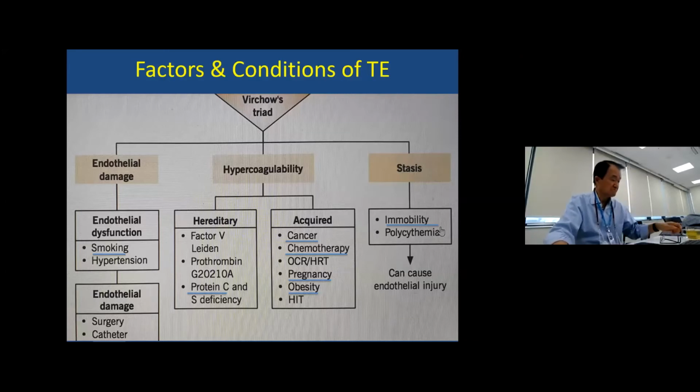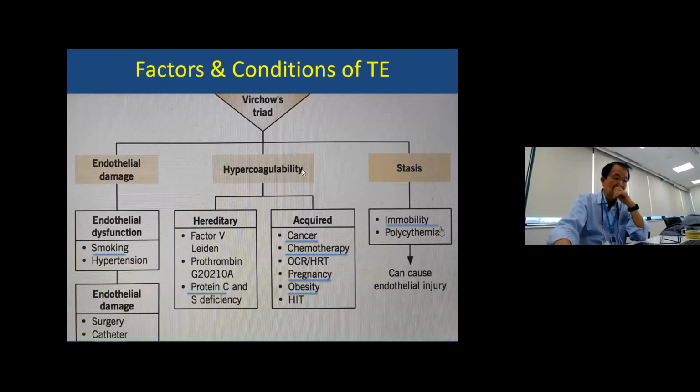Now, you go to the hospital, almost everybody ends up having an IV or cast, but those are all contributing to endothelial damage. Surgeries, of course. So we all have a high risk of thromboembolic disease. That's why it's so common, and increasing.